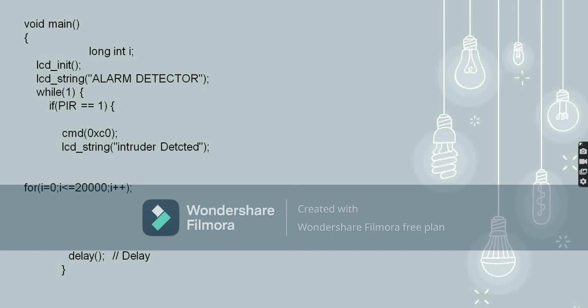As the first line is filled with the alarm detector, we have to go to the second line. So the LCD string which is being given is intruder is being detected. So for I is equal to 0 to I is less than or equal to 20,000 and I plus plus. Here for loop is being used in order to cause some delay. And then we have the delay.